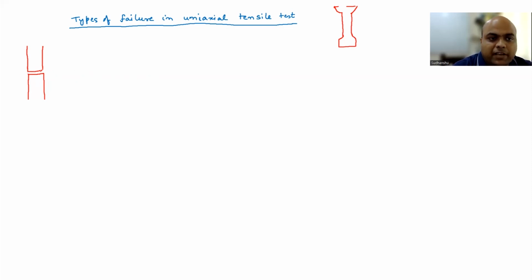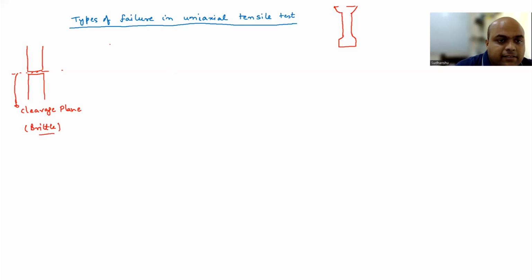If your failure occurs like this, flat, then the failure is occurring along a plane. We call it a cleavage plane. If this is the case, we have brittle failure, so the material is brittle.